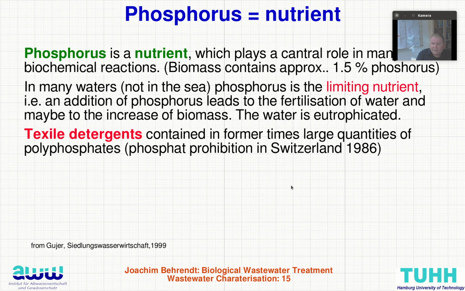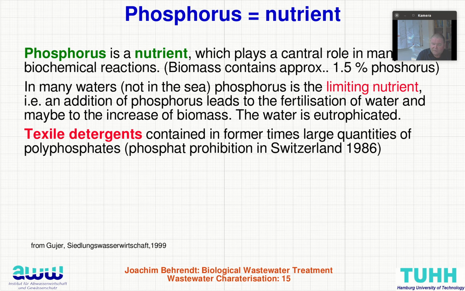This is done. Now we are coming to the pollutant components. Besides the organic loadings, we have nutrients. Also very important nowadays is phosphorus. Phosphorus is a nutrient that we also don't want in the environment.